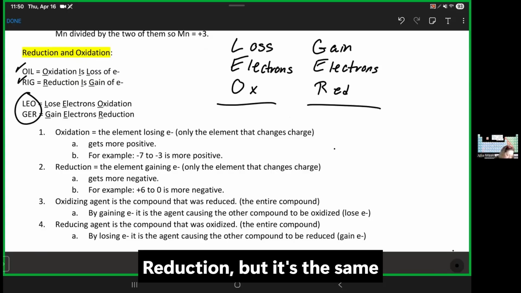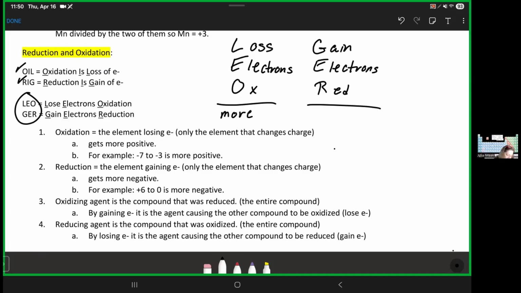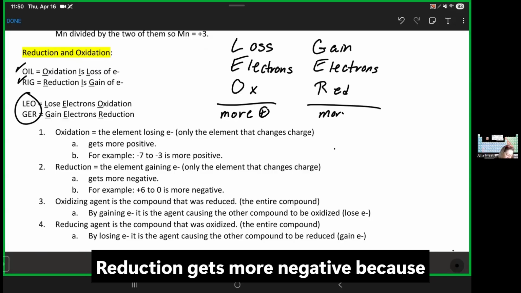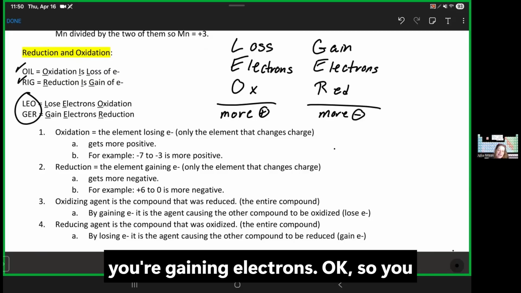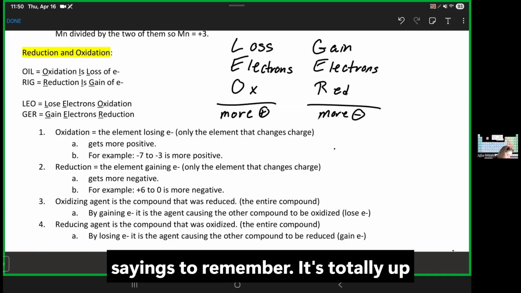But it's the same exact thing. Oxidation gets more positive because you're losing electrons. Reduction gets more negative because you're gaining electrons. So you could use either one of those sayings to remember it. It's totally up to you.